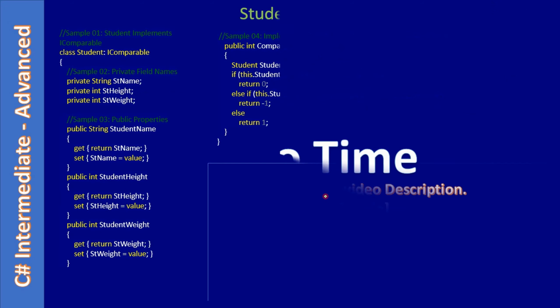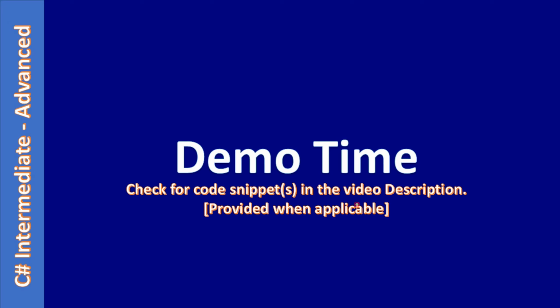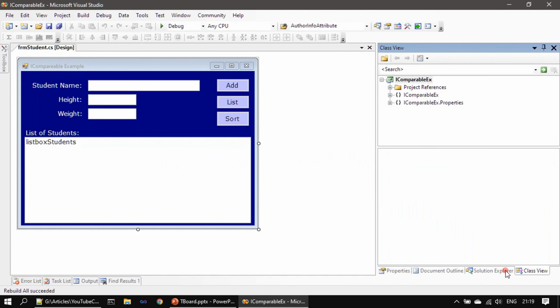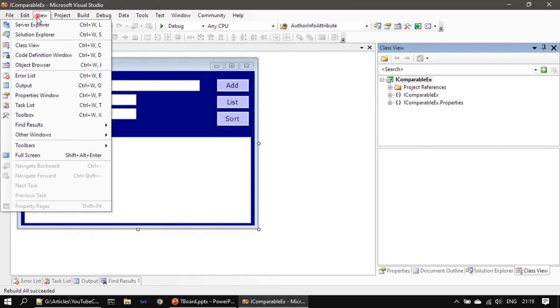Alright, now in the demo we will create the student class and we will implement the CompareTo method. Here is our Visual Studio, and first we have to open class view, which you can find here under the view menu.